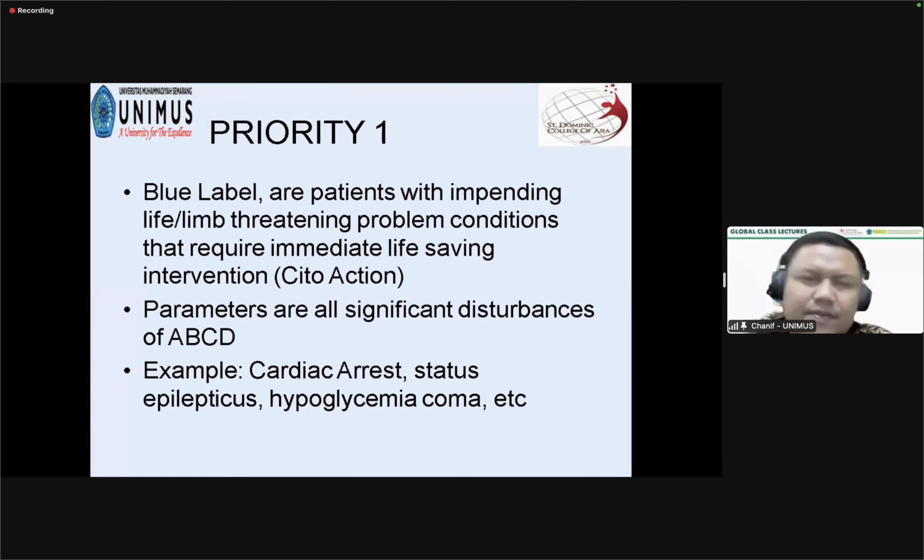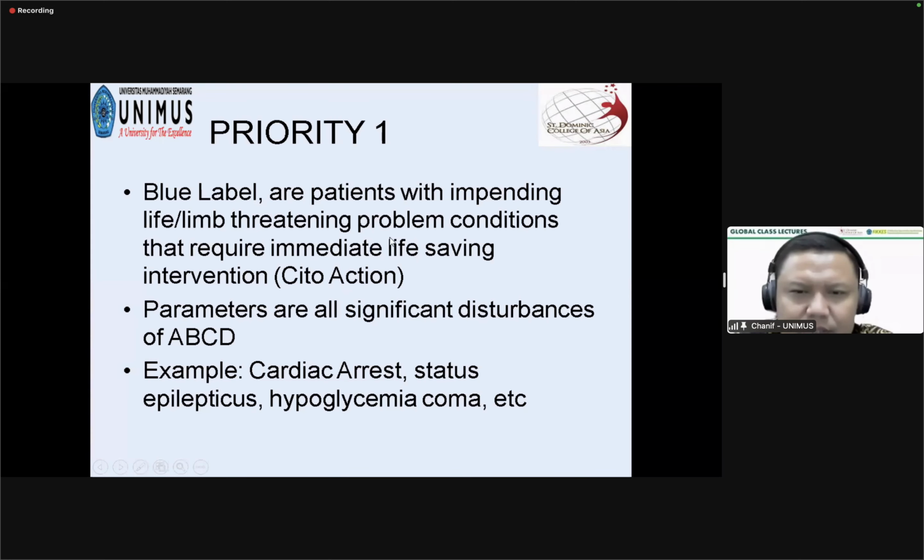Okay, we try to learn more deeply about this model. Priority one in ESI, in the original model, the color is blue. It is for patients with impending life- and limb-threatening conditions that require immediate life-saving intervention.